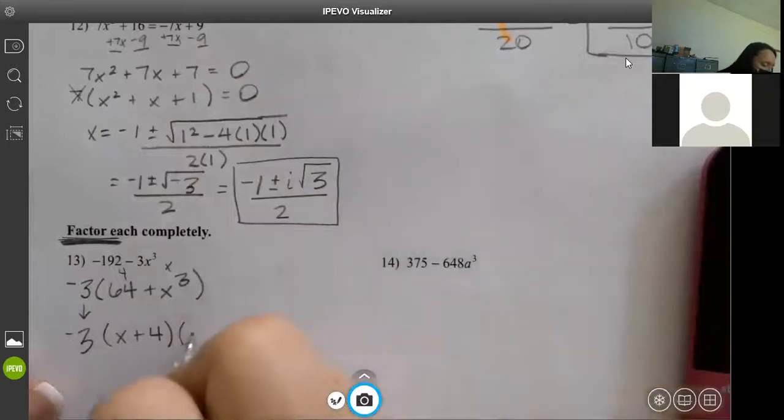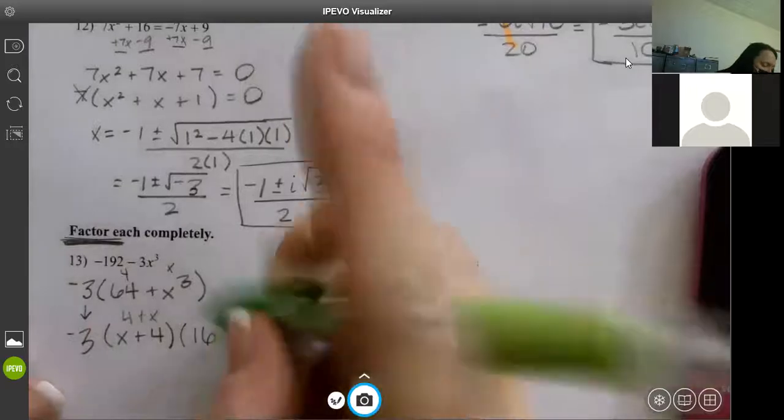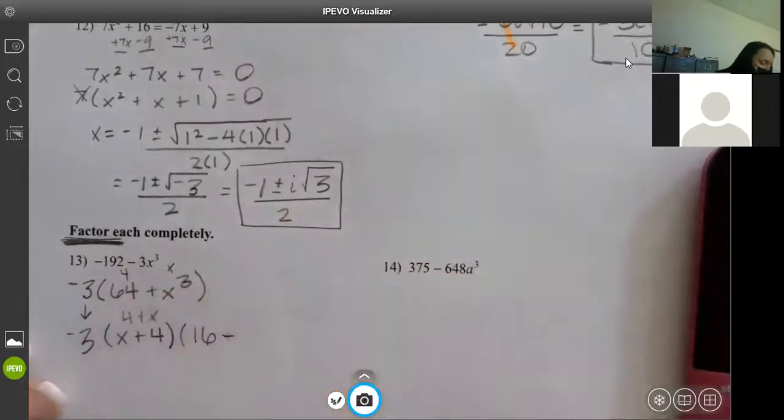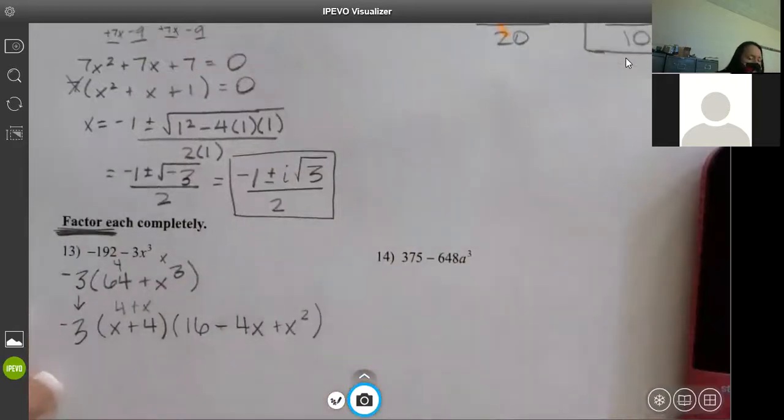Sorry, that can be 4 plus x. It doesn't matter. If you do it 4 plus x, that's fine as well. In the next factor, square the first, change the sign, multiply them together, square the last. That's it.